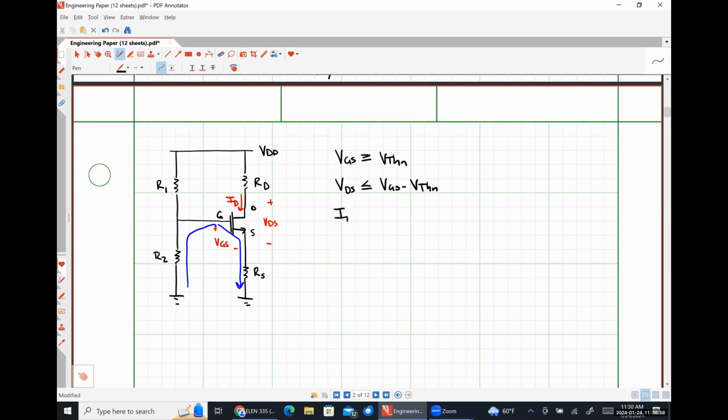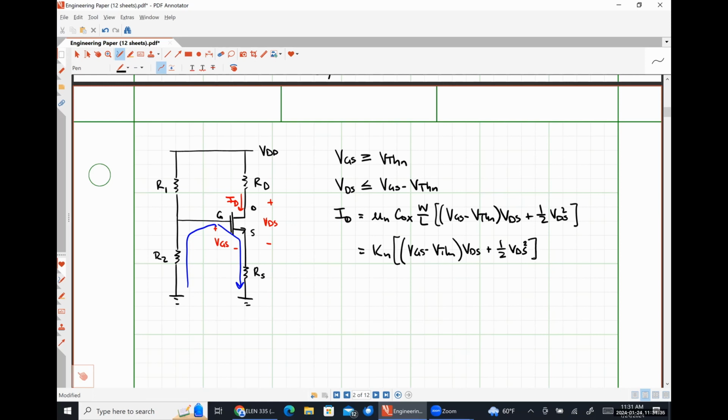And our drain current will be mu n Cox W over L times VGS minus VTHN times VDS plus 1/2 of VDS squared, or Kn times VGS minus VTHN VDS plus 1/2 VDS squared.